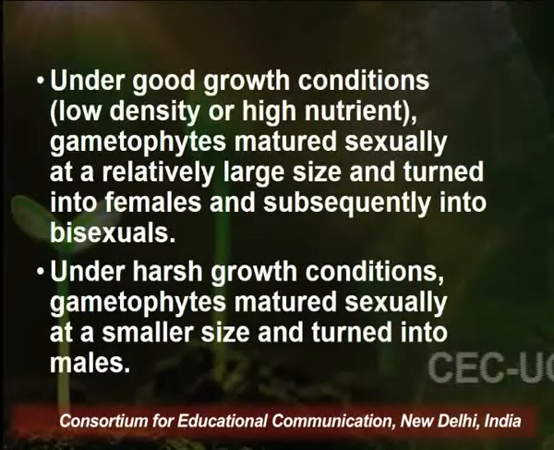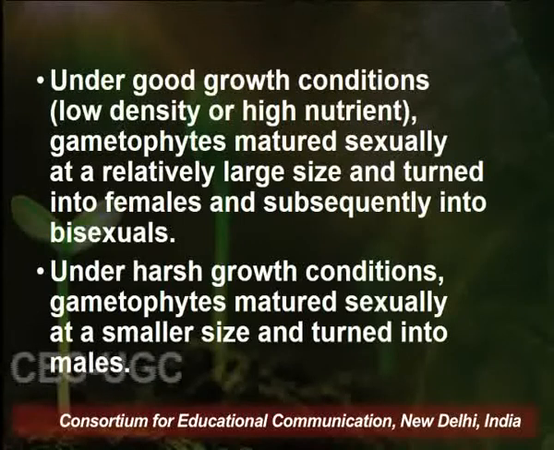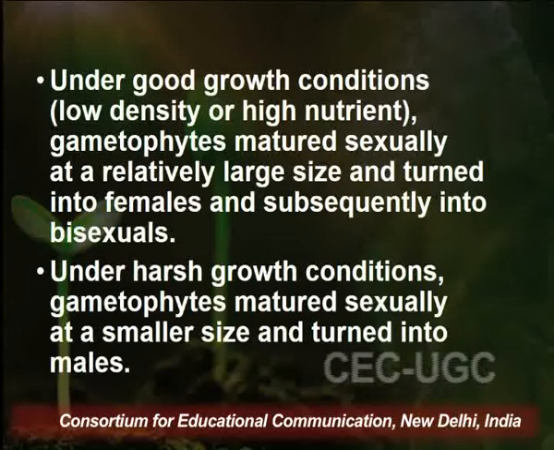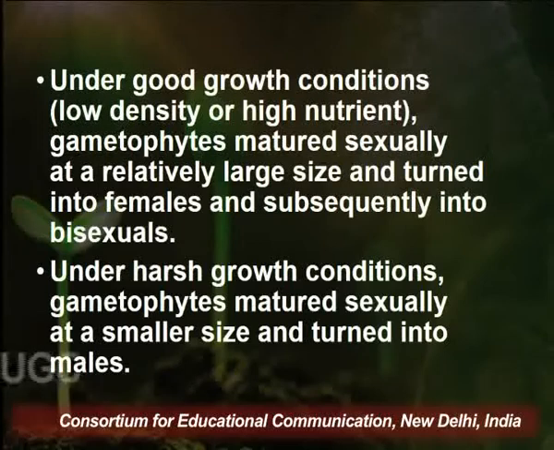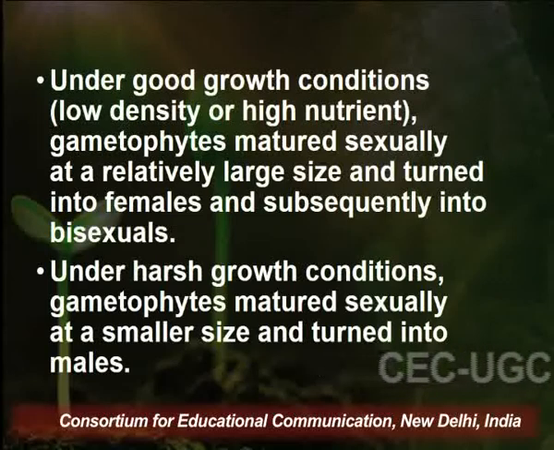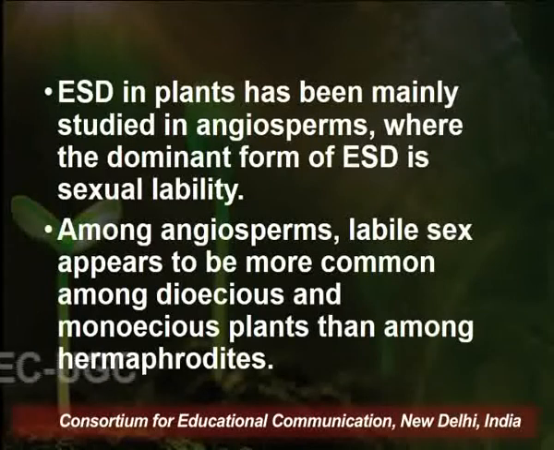So that means harsh growth conditions always modulate the plants to turn into males, whereas the favorable conditions, that is large size, lead to the formation of the female ones, and ultimately they will even give rise to the bisexual ones.